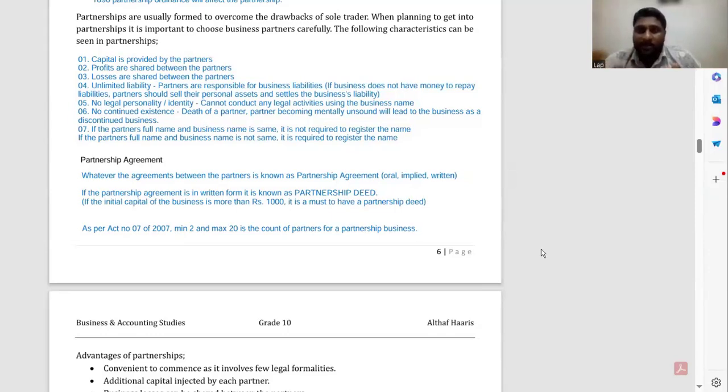If you try to update more than 20 partners, the government will not allow you to list more than 20 people. Understood, Ifra? Good.